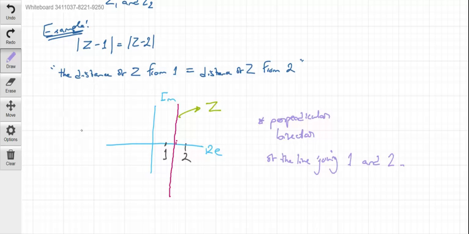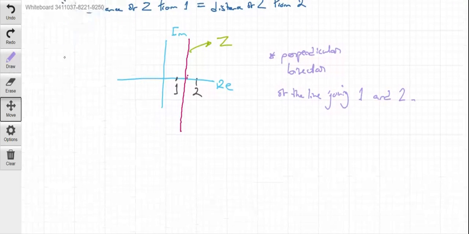And from this example, and we will see in later examples, we can indeed generalize situations like this and associate perpendicular bisectors to situations like this.